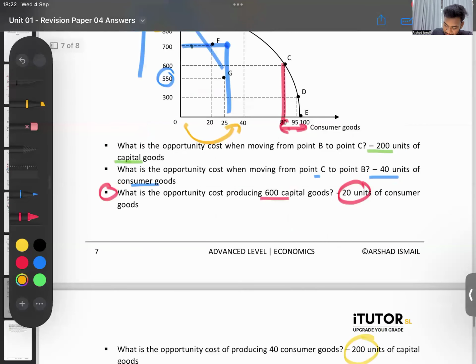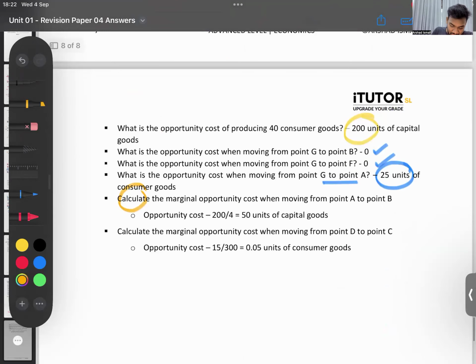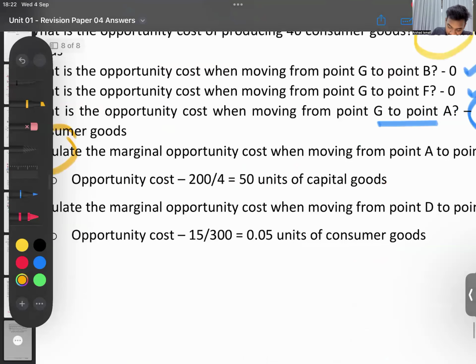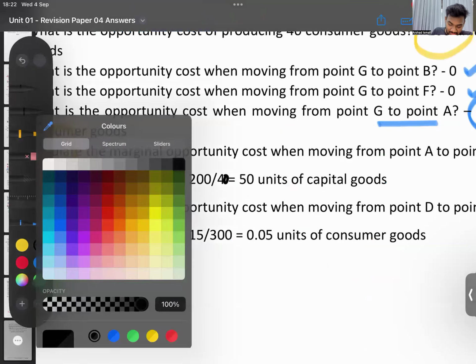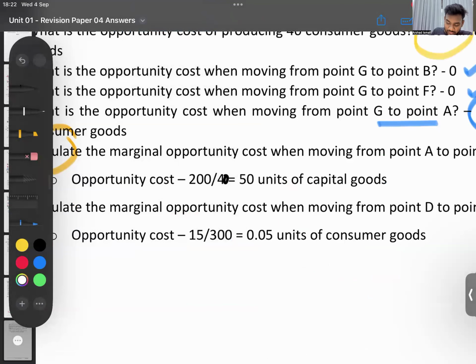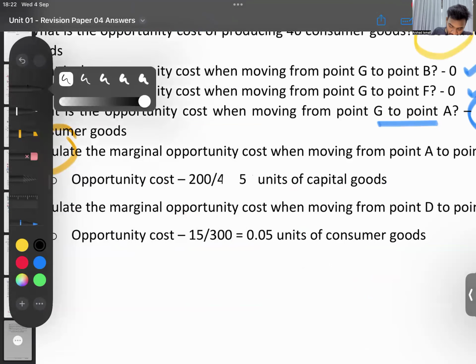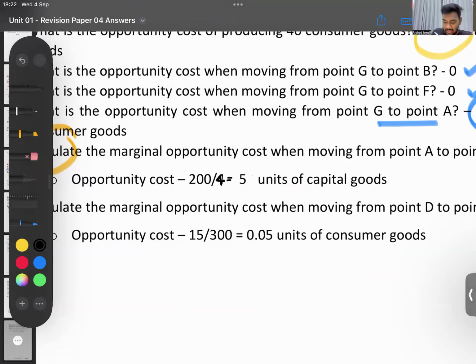Sorry, my mistake here. Gained 40. Therefore, what's your answer? Your answer has to be 5 units of capital goods.